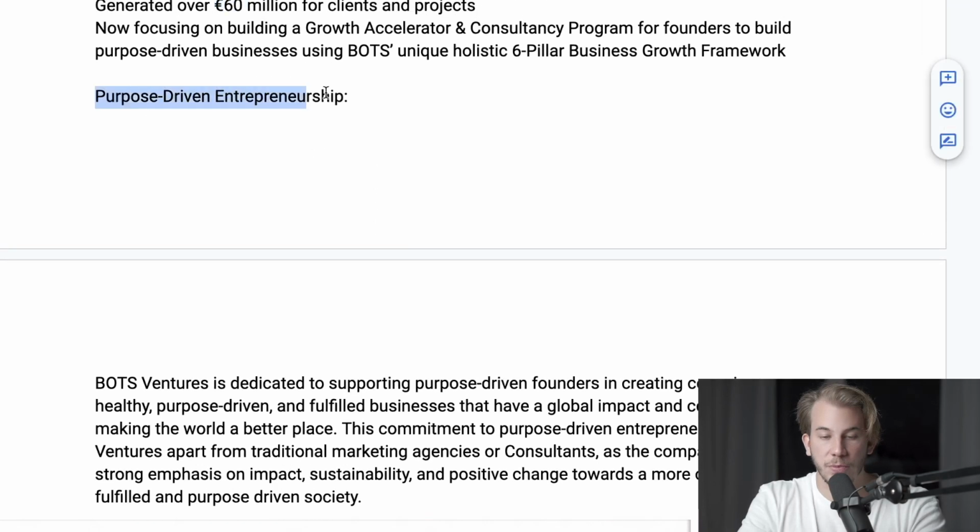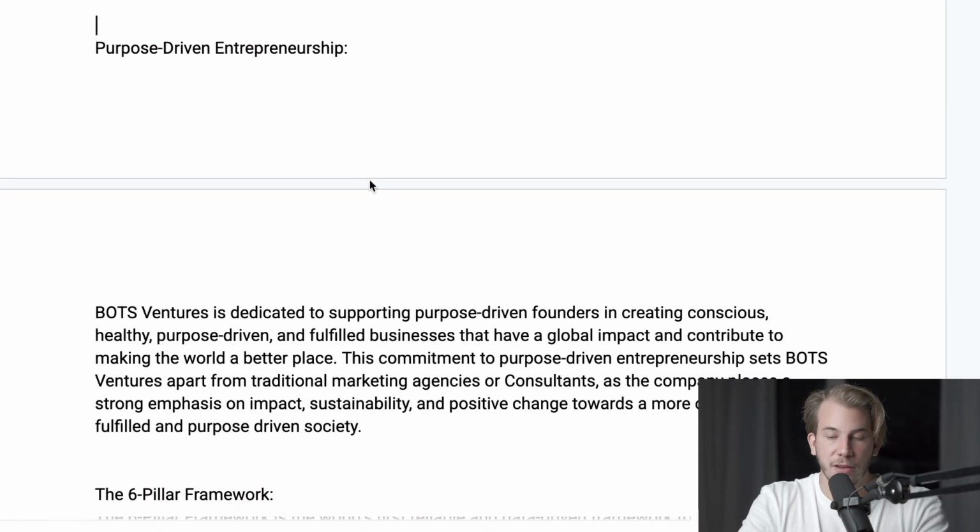What is purpose-driven entrepreneurship? If you have a unique formula, for example, one business that we once built was a unique pillow concept. It was developed by a doctor with an institutional background, and it was patented, and it had unique features.